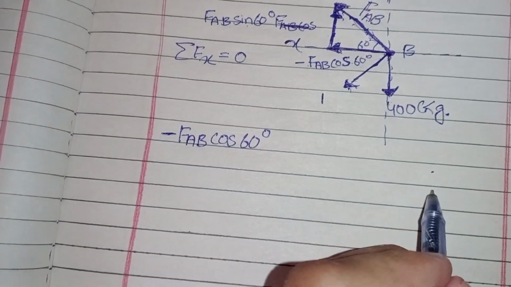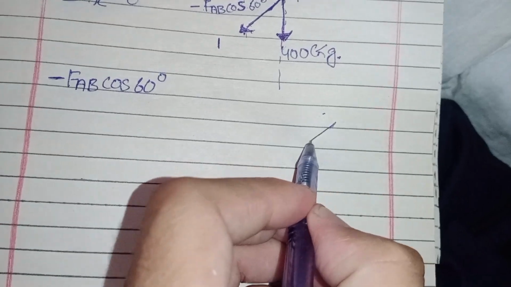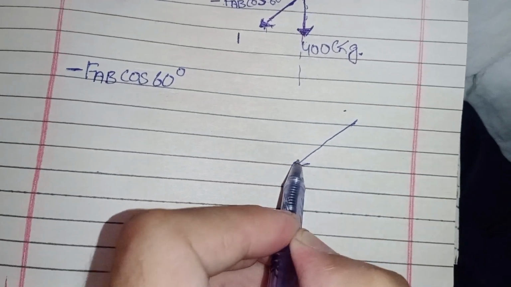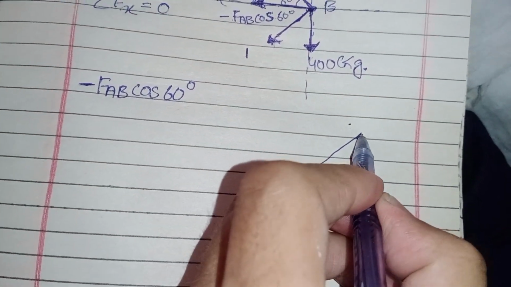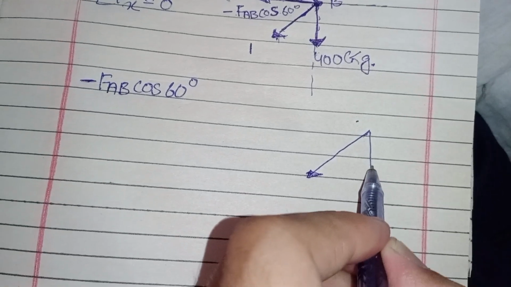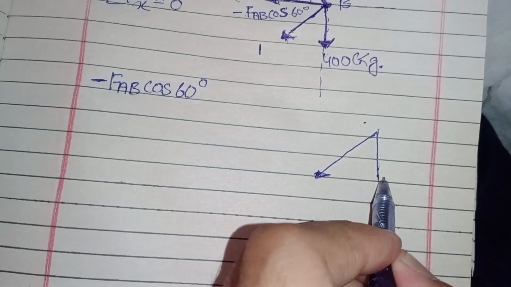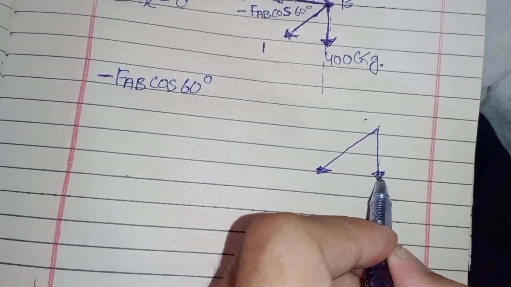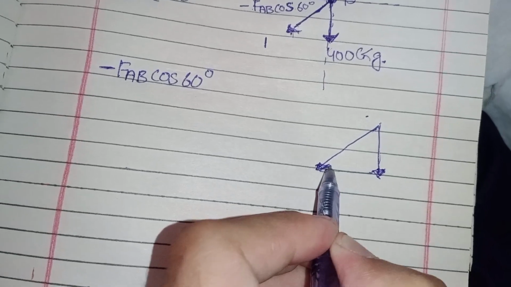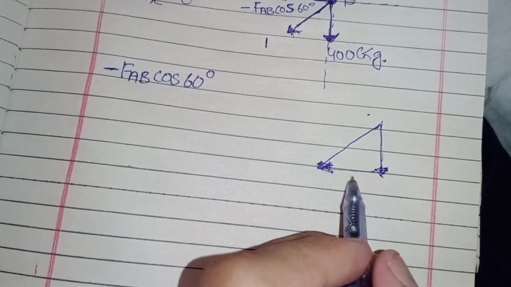Okay, and we will resolve this into its components. So I resolve it here. This is the resultant force, and by head to tail I resolve it into vertical and horizontal components.